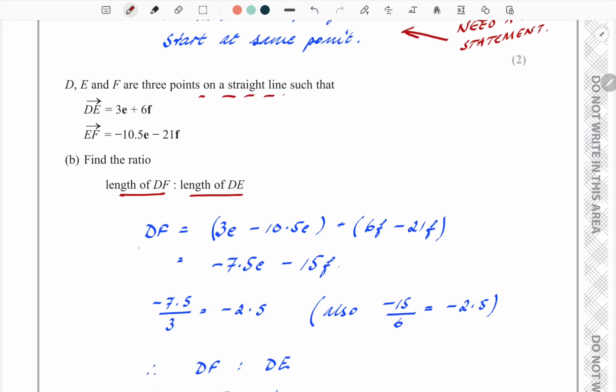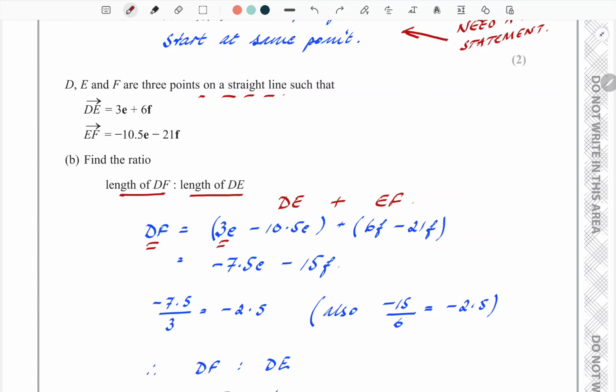The way we find DF, which we don't have information for up there, is basically adding DE plus EF. So take each element, 3E minus 10.5E.